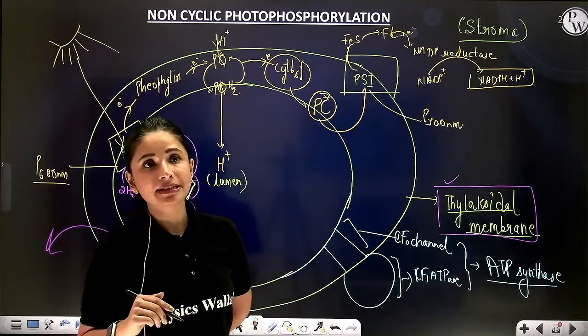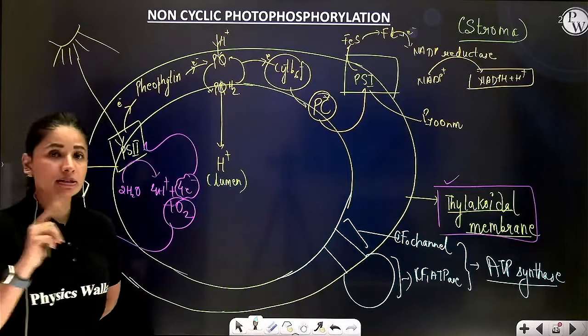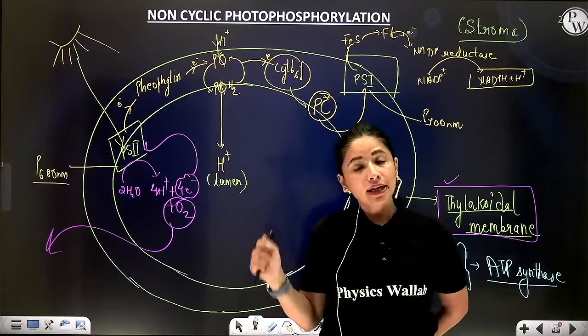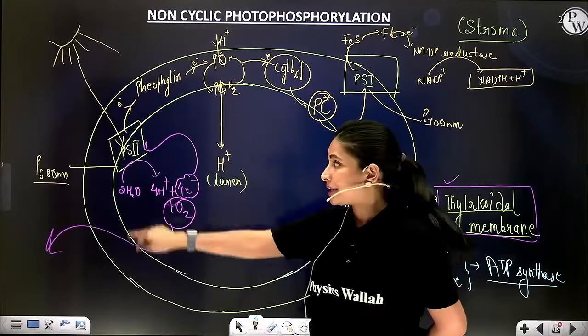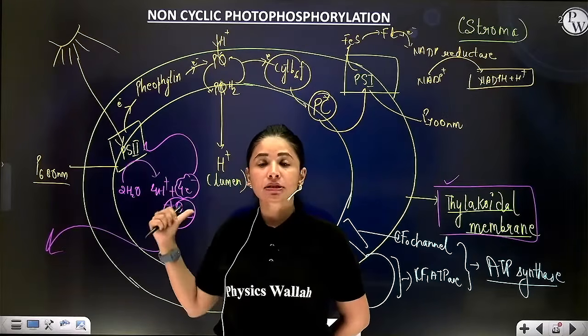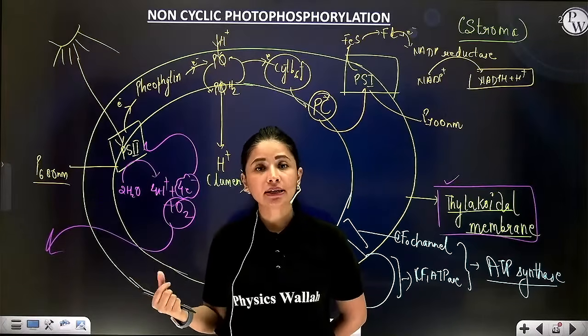So for ATP synthesis, as I already told you, gradient is a must. There are 3 reasons during this non-cyclic flow of electron to establish proton gradient. Number 1 is water splitting. What does water splitting do? It pumps, or rather it adds, it's not like pumping, the real term is adding.